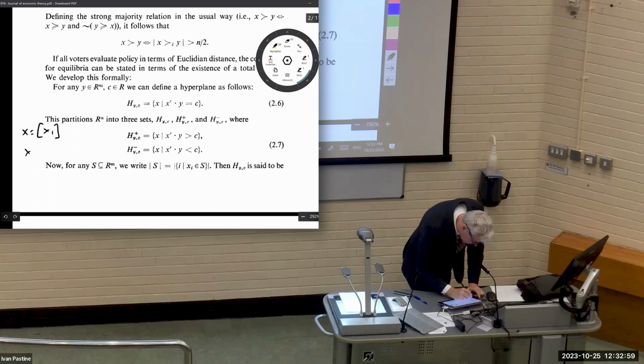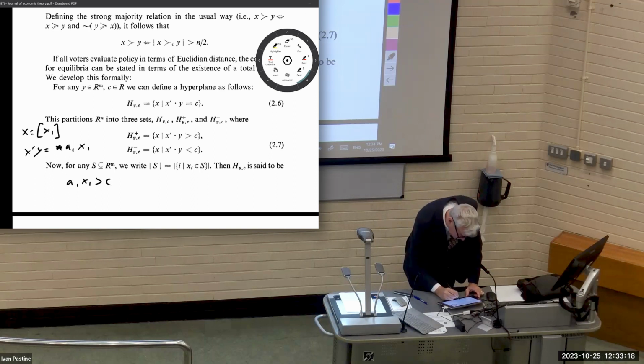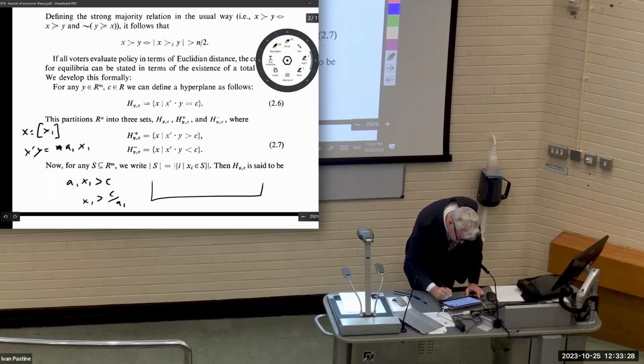Then x prime y is equal to a1 x1. And we're looking for all the points, say, in this one, where a1 x1 is greater than C, right? And so that's going to be all the points where x1 is greater than C over a1. So we get our little point, our hyperplane, which is C over a1.